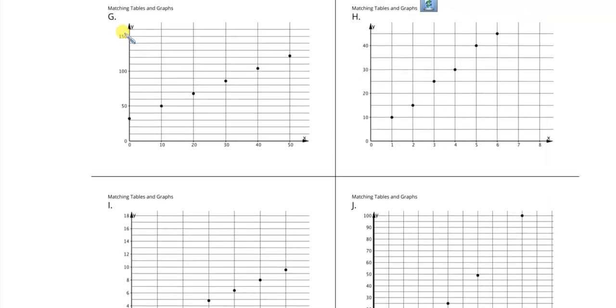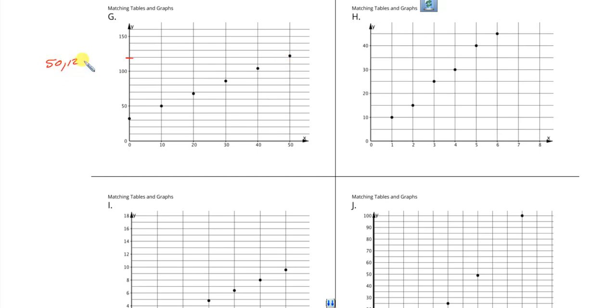So I'm looking at G, and I notice that I have some ordered pairs on G. When X is 50, this is pretty much right here on that point. So this looks like 10, 20, 30, 40, 50. So I'm looking like 120, when X is 50-ish, maybe a little more than 50.